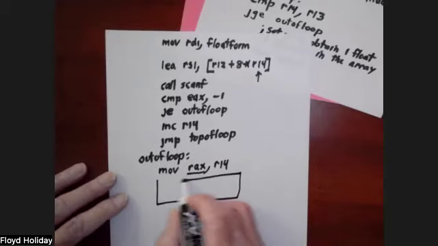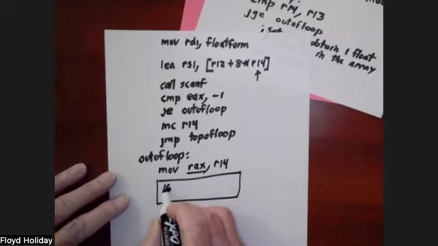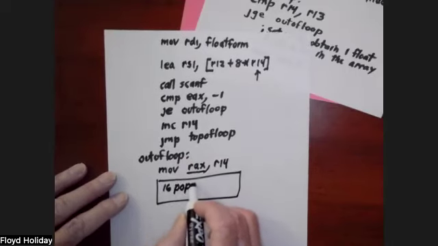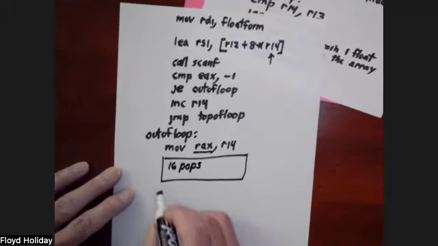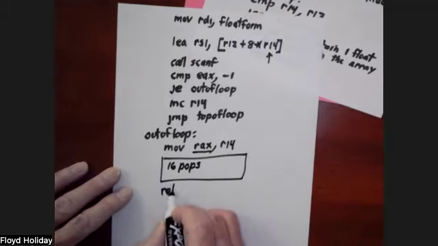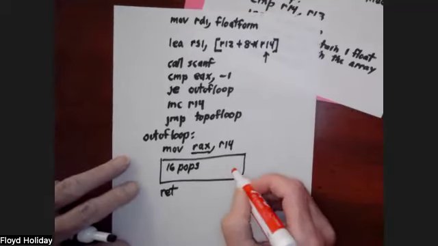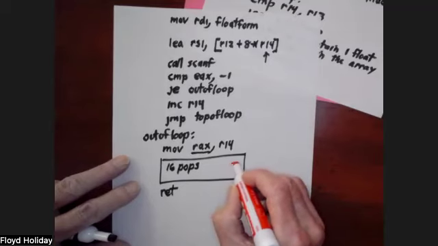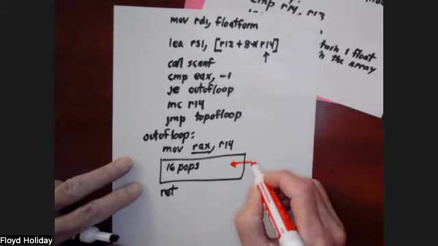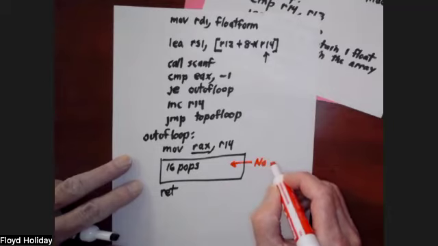And then there's a big block of 16 pops, actually. And then there's a RET. Okay. Now, perhaps you've noticed in your assignment 1, among these pops, there is no RAX.